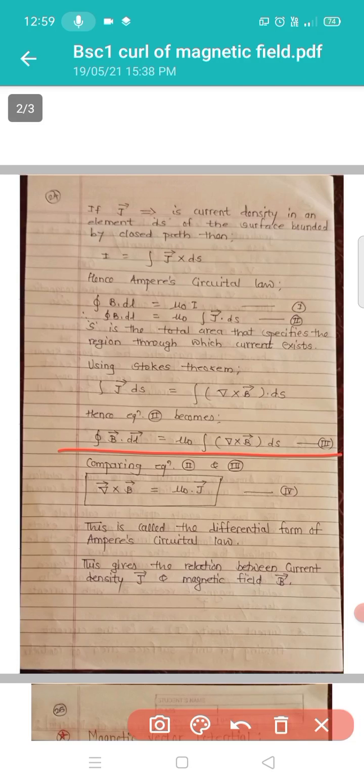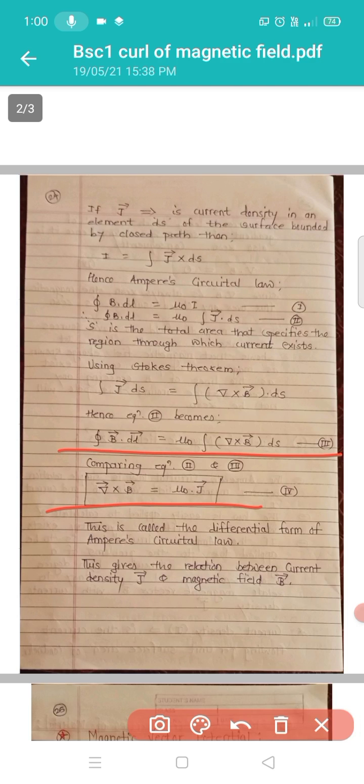Comparing equations 2 and 3, we get the relation del bar cross B bar is equal to mu naught J bar, where J bar is the current density and B is the magnetic field.